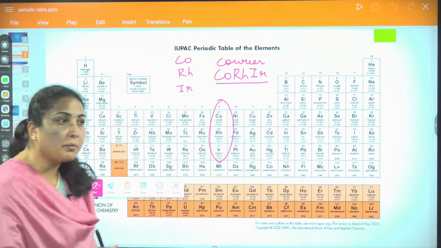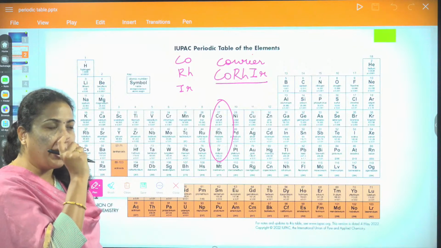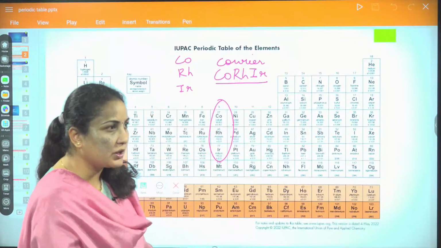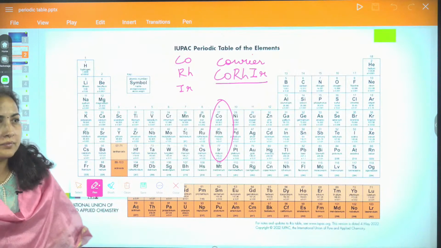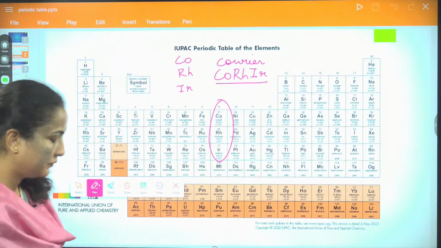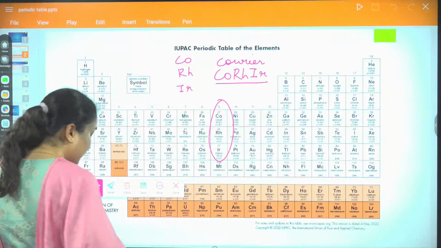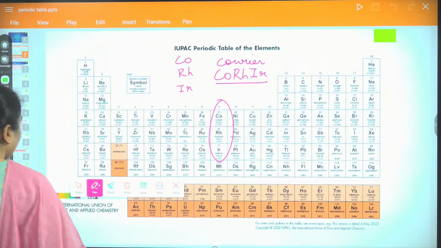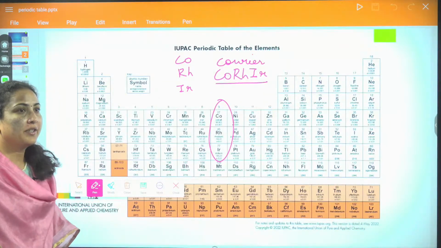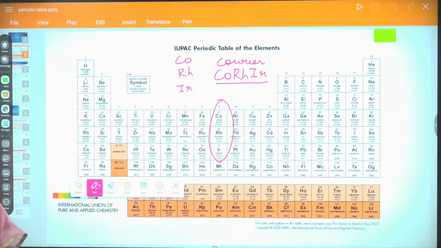So purposely we are pronouncing it wrong so that we are identifying what are the elements which are just one below the other. Yes, written? Good.